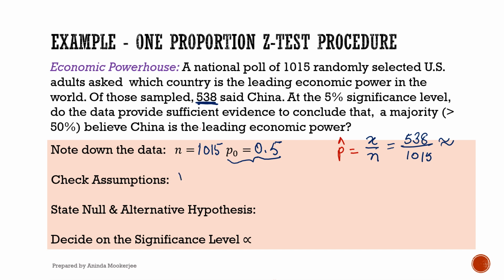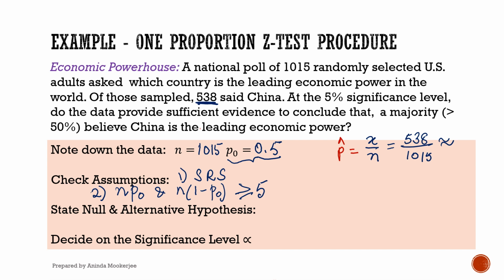Assumptions. The first assumption is that it has to be a simple random sample, and secondly both n times p sub 0 and n times 1 minus p sub 0 must be greater or equal to 5.